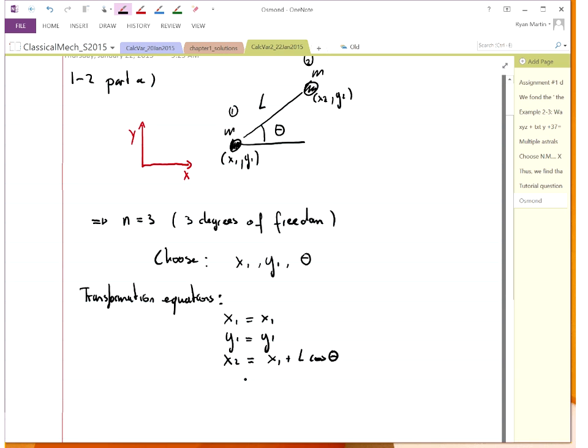Right? And then y2 is y1 plus L sine theta. So we have our transformation equations.